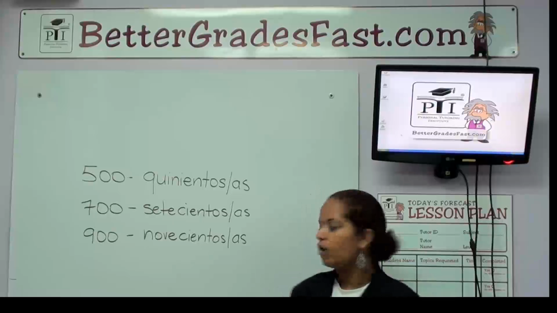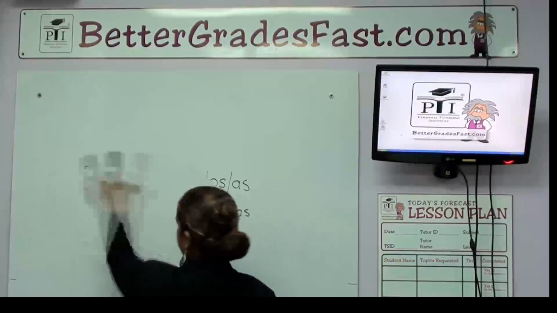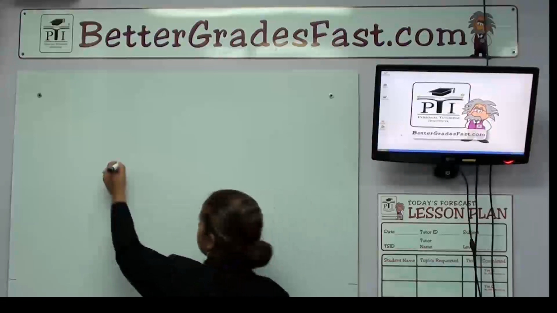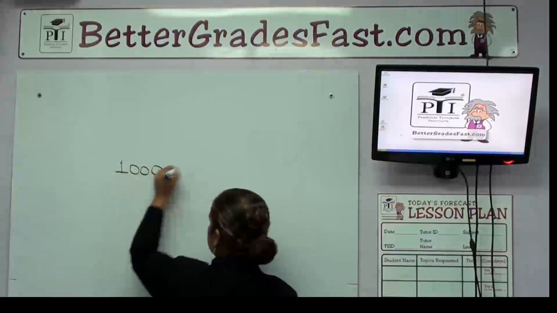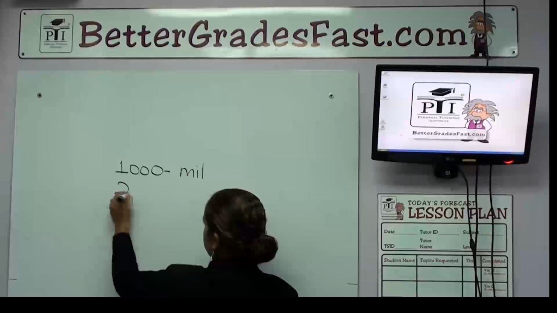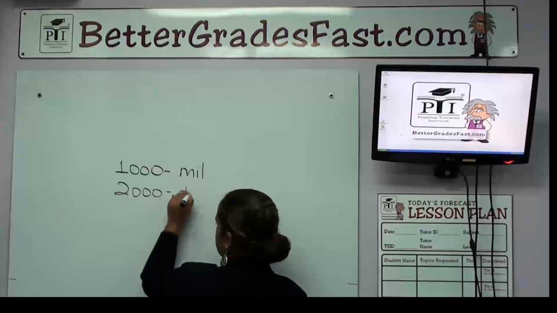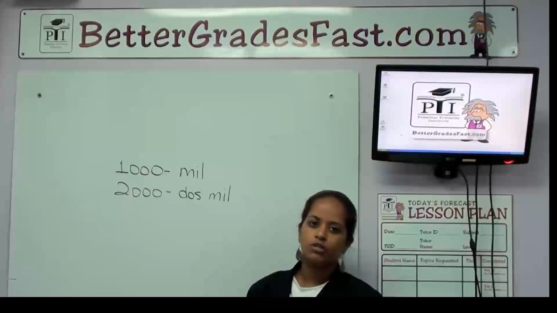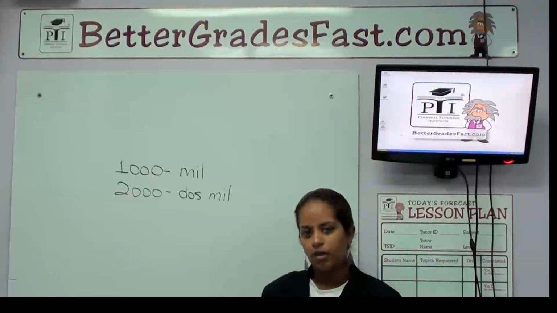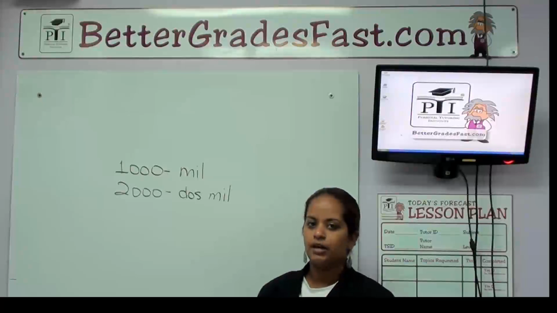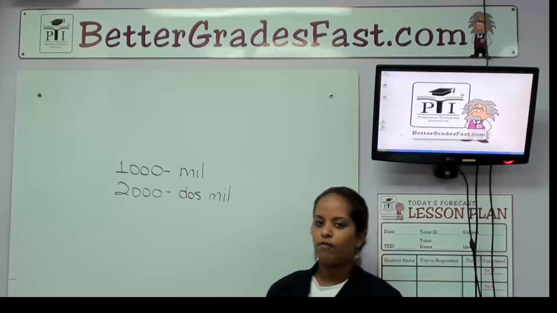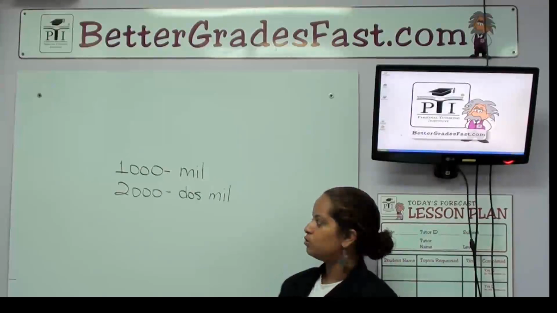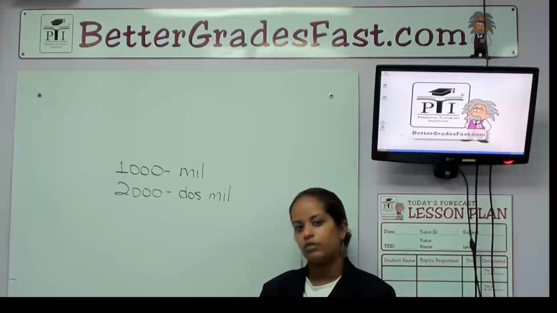Let's go to numbers in the thousands. 1,000 is mil. 2,000, 3,000, 4,000. You get the idea. Thousands are formed by using the beginning of the thousands. Let's say it's 2,000, so you use 2, and then the word for thousand, which is simply mil.